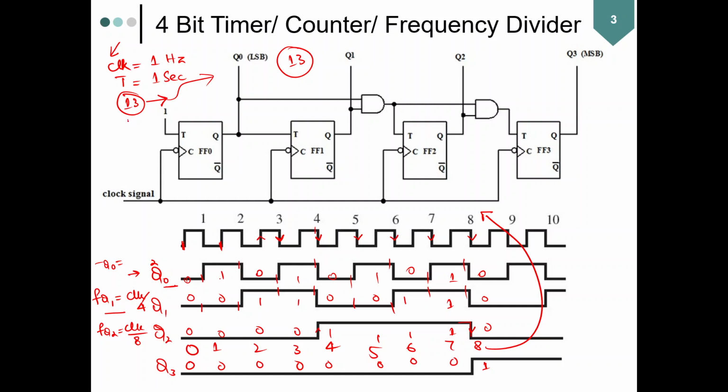So once a certain count is completed, we can raise an interrupt, and that interrupt is going to tell us that our time delay has completed, right?